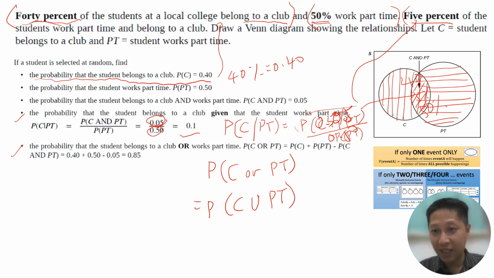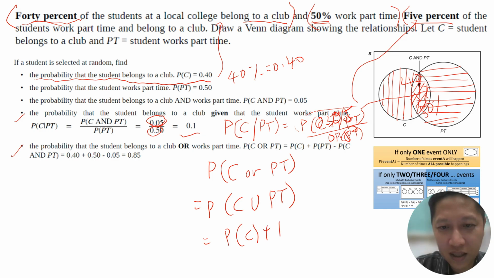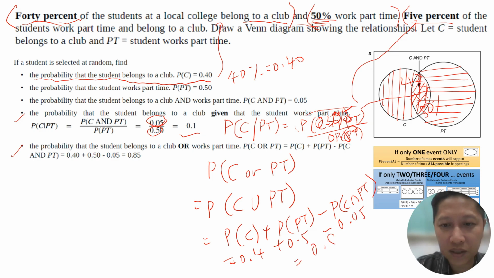Because there is an intersection, or overlapping, we must use the formula of the union: P(C) plus P(part-time) minus the intersection, C intersect PT. So we'll plug in the percentages given from the statement: 0.4 plus 0.5 minus the intersection 0.05. So finally, the probability is 0.85, 85%.